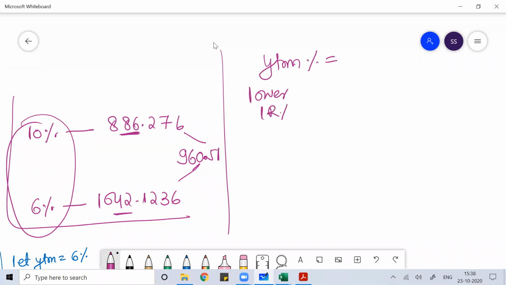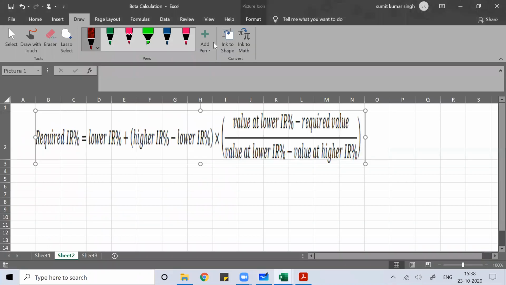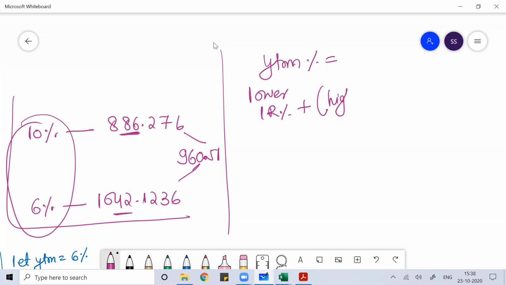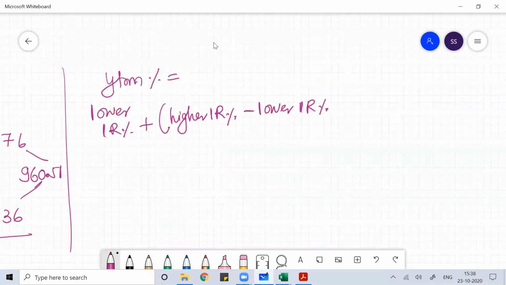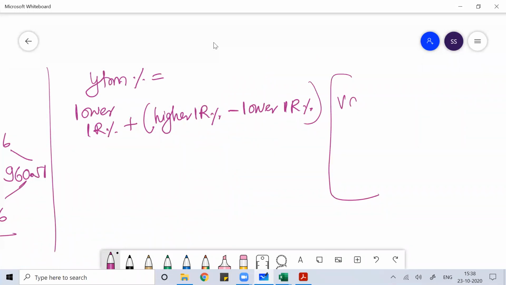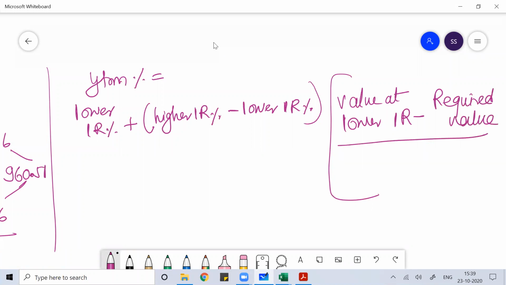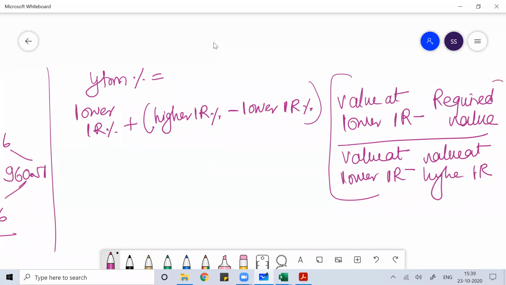lower interest rate plus, higher interest rate minus lower interest rate, multiplied by value at lower interest rate minus required value, divided by value at lower interest rate minus the value at the higher interest rate.